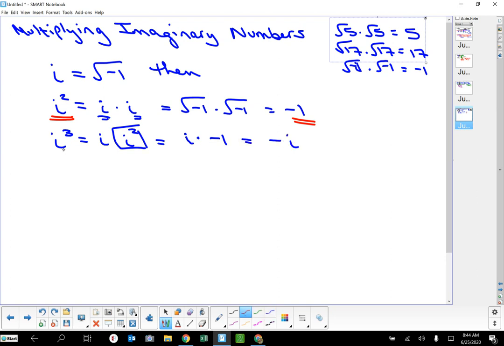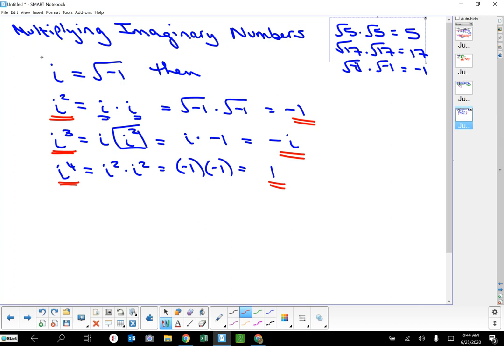So if you see an i cubed, that equals -i. And then if we do i to the 4th, well, that's equal to i squared times i squared. i squared is -1, so this is -1 times -1, and -1 times -1 is 1. And so i to the 4th equals 1.